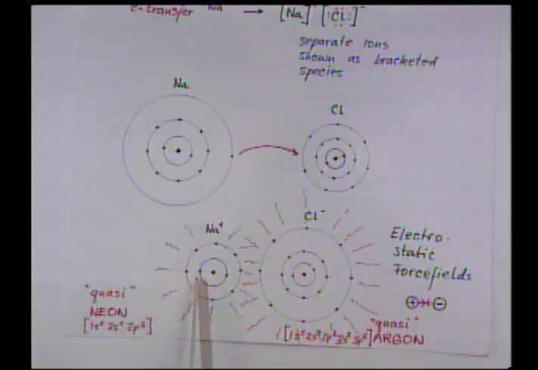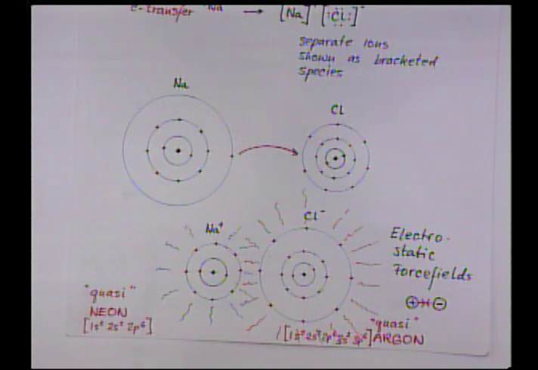Now, if we look at the electron dot structure or the electron configuration of the sodium ion, it has 2 and 8, or 1s2, 2s2, 2p6, if we use the sub-energy levels, the distribution of the electrons in the orbitals, and it represents neon, electronically speaking.